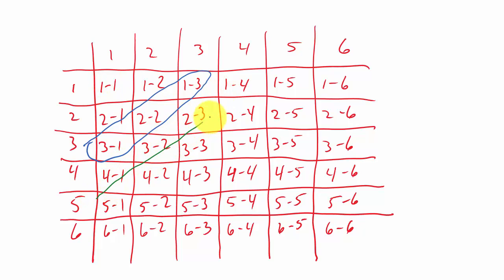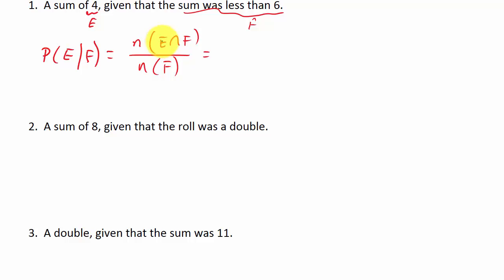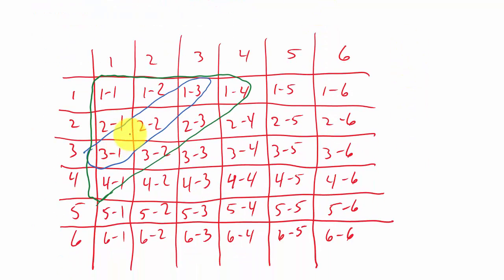So that's all of that. Okay. So I need the probability of E and F. So that's what they have in common. So how many do they have in common? 1, 2, 3.